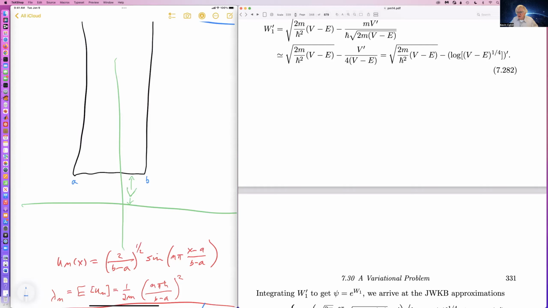So it's the derivative of the log of V minus E to the power 1/4.